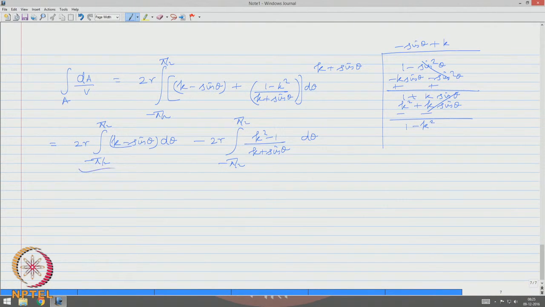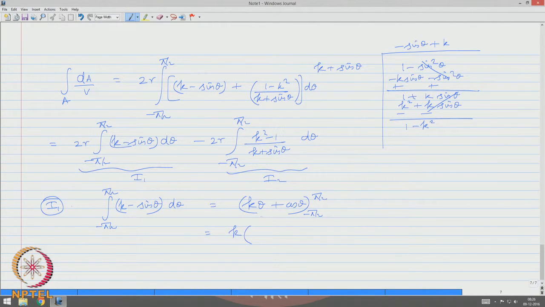Let us take this integral I 1 and this integral I 2. Let us take I 1 first. Integral of k minus sin theta d theta from minus pi by 2 to plus pi by 2, which will be k theta plus cos theta from minus pi by 2 to plus pi by 2.